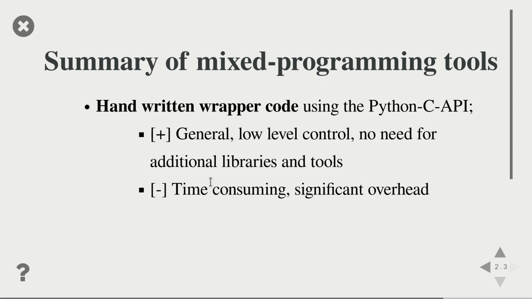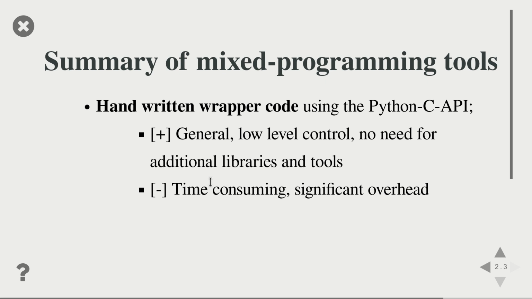So there's a bunch of tools that you can use, and I want to show you 2 today. But I just want to give you a quick intro on what you could do. The most hardcore version would be to actually handwrite wrapper code that bridges the gap. Python is actually written in C, and so if you have a C library, you can write so-called wrapper code that makes your C library a Python module, so that you can load it into Python.